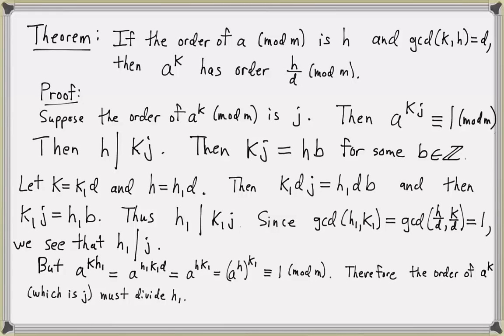So we've just shown that h1 divides j and that j divides h1. Since h1 divides j and j divides h1, we must have j equals h1, but h1 is, by definition, h divided by d.